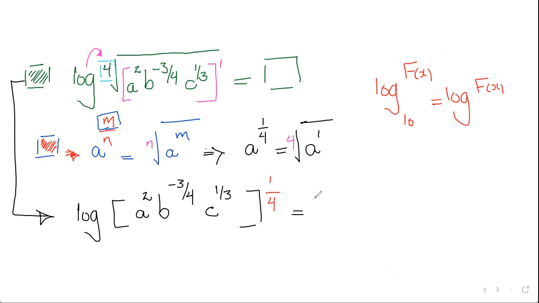What does it mean? It means that I can rewrite it in that format. I write 1 over 4 times the log of a to the power 2, b to the power minus 3 over 4, c to the power 1 over 3.